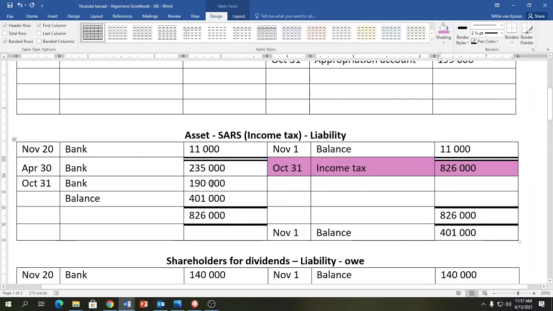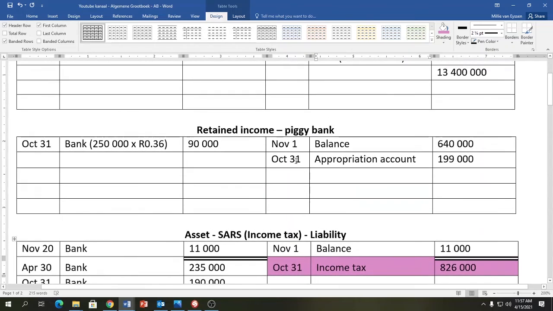A company will never have such a big payment. They estimate their net profit during the year so that those two payments together will be as close as possibly can to the income tax. Okay, my example, my amounts, it's a bit skewed, so your balance at the end will normally be a bit smaller. You try and be as accurate as possible.